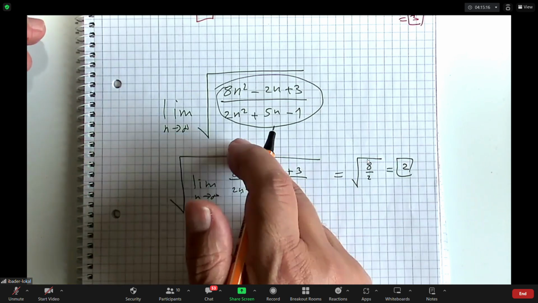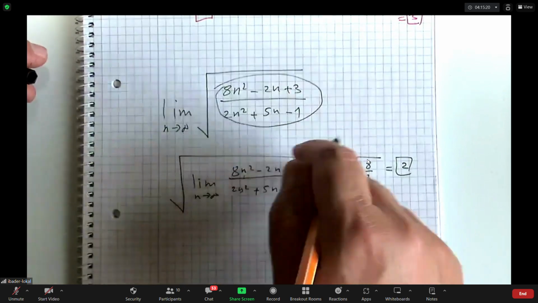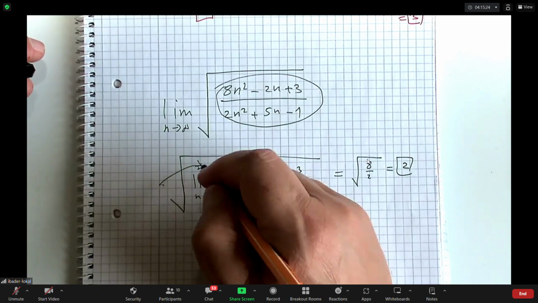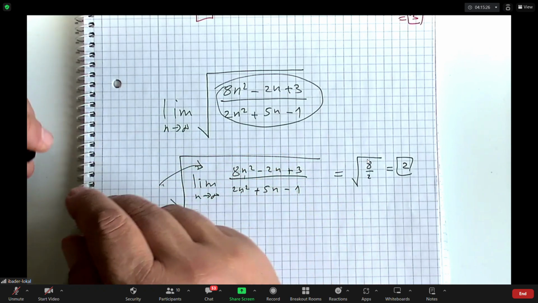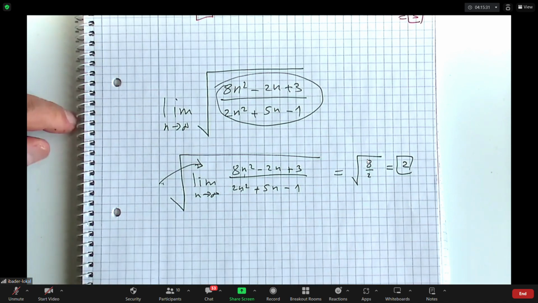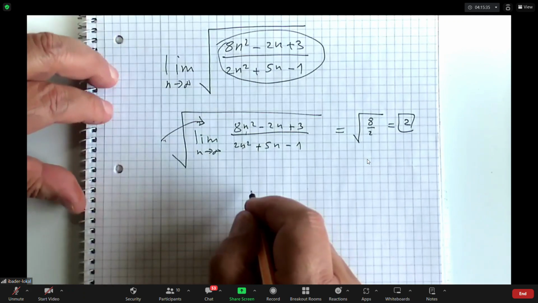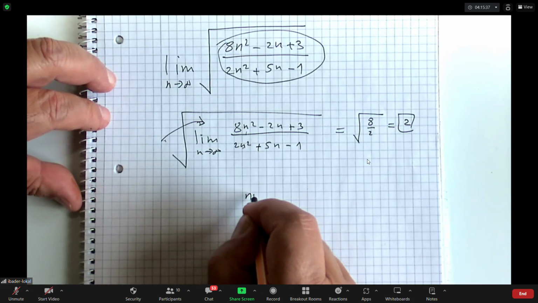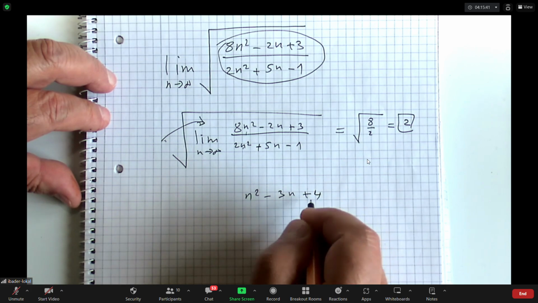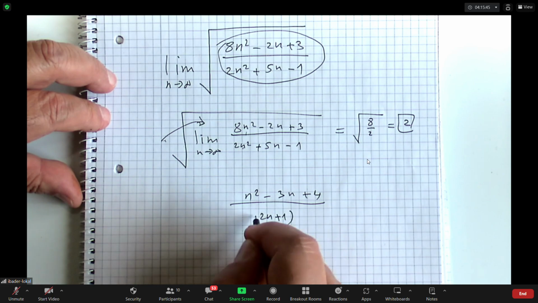Okay, if you have equal polynomial degrees, then it is the coefficients divided by each other. You can take the limit inside the square root. Now, sometimes you have to be careful. It's not arranged. For instance, you might be getting n squared minus 3n plus 4 over 2n plus 1, all squared.